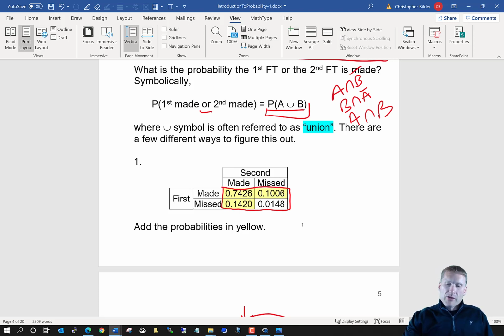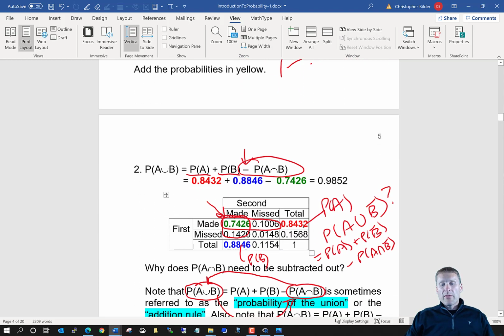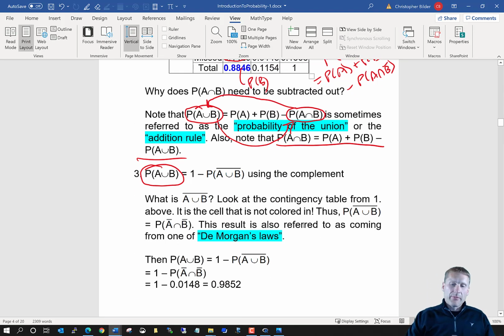Well, how about we just simply take 1 minus 0.0148? Then we will get the probabilities that are in yellow, since these 4 cells of this table add up to 1. In other words, what we're doing is using a complement, like what we saw earlier, but now with 2 events at exactly the same time.